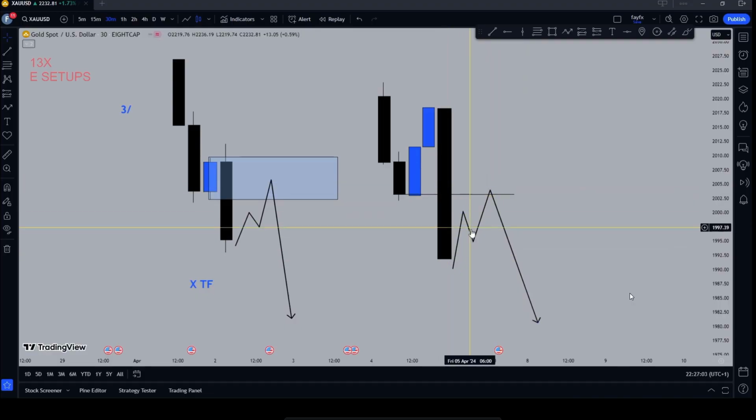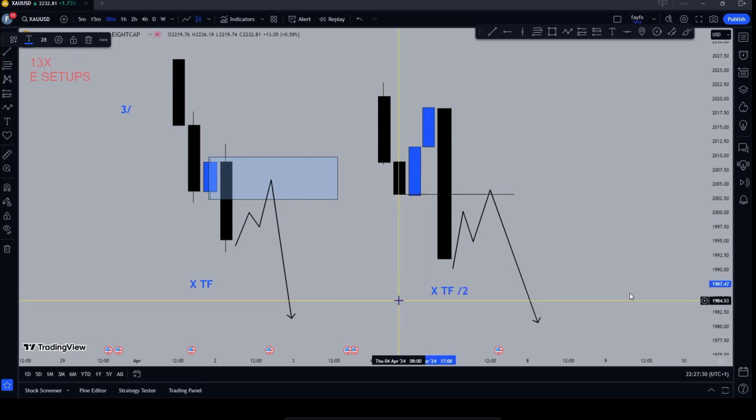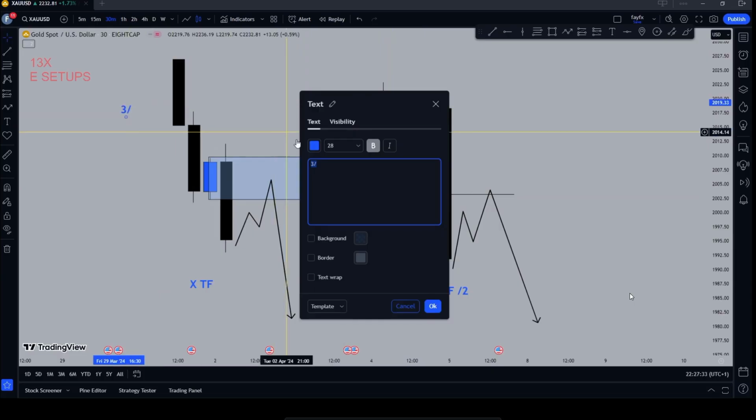When price comes up, we wait for our confirmations that we are going to learn next session, and we enter here. This is the third engulfing setup, one time frame lower. We call this engulfing candle clean breakout.